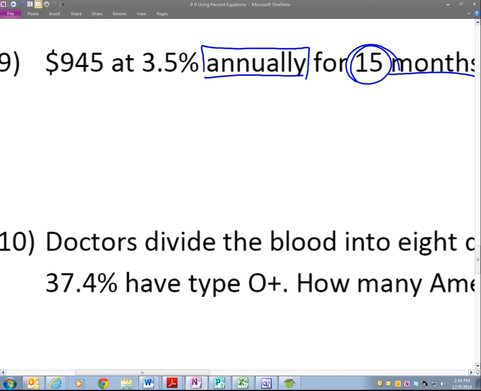How many years is 15 months? It is 1 and 3 months. But how are we going to put it into years? Cameron, do you know?